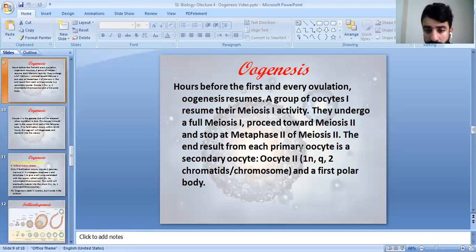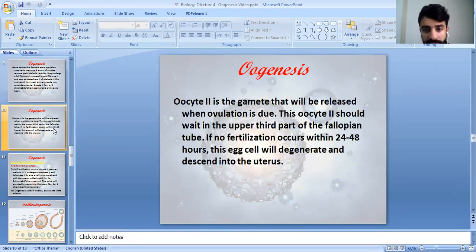And as I said, 2 is written in Roman numerals. Oocyte 2 is 1N, 1Q, not 1N DNA, with 2 chromatids per chromosome. The result of each primary oocyte is a secondary oocyte, oocyte 2, and the first polar body. So this is how oogenesis continues.